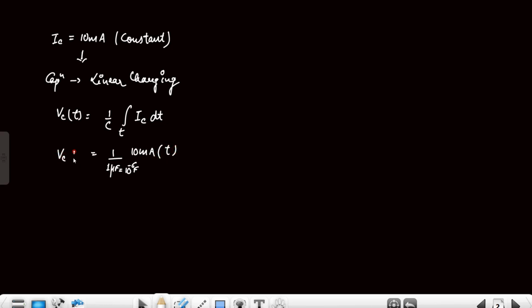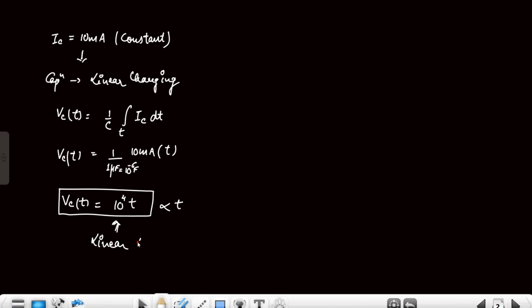So this is the VC(t), and we can see here that this is 10 raised to the power minus 2 upon 10 raised to the power minus 6, so it is 10 raised to the power 4 t. So this is how the capacitor voltage is directly proportional to the time. That's why this is called linear charging.